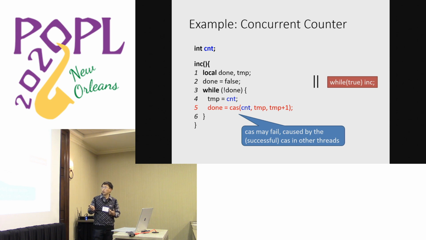It's possible for this loop to run forever. The Q that we use to reason about termination is that the temp snapshot value equals the counter. If Q holds, then we know that done will be true, so this loop will terminate. But the behavior of the environment may make Q false.